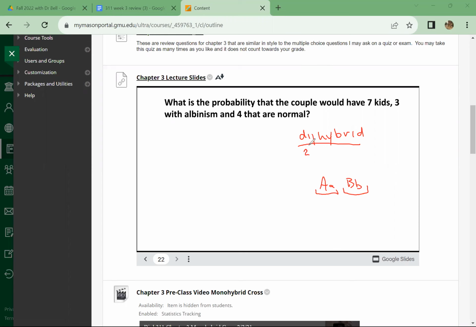So we have our di, two, and hybrid, different. And so that's what we're looking at. We're looking at two different heterozygous conditions. And this A is at one specific locus.